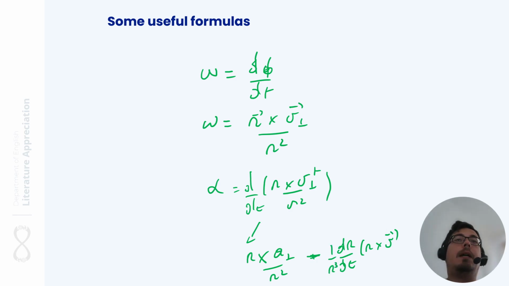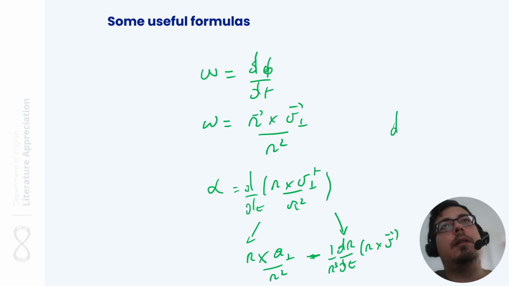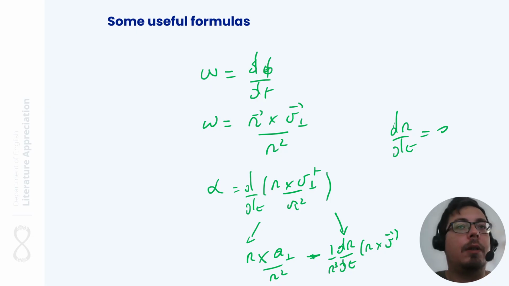This is because it is a product, so we'll have two components, and it is a derivative, so you have also the derivative of the fraction. But it is important to note that the change of r in time is 0 because it's a uniform motion, so we can safely forget about this part here, which is 0.